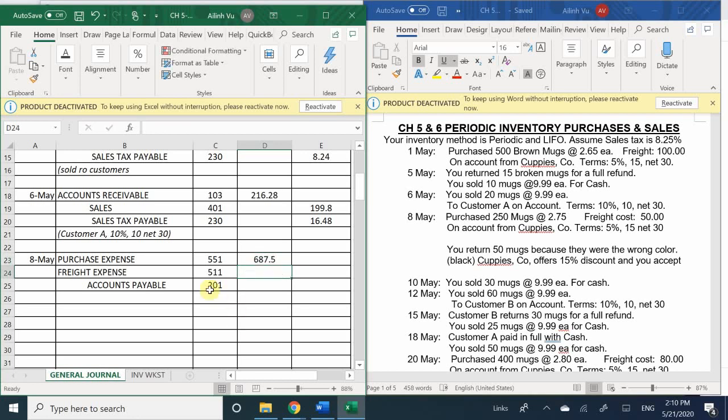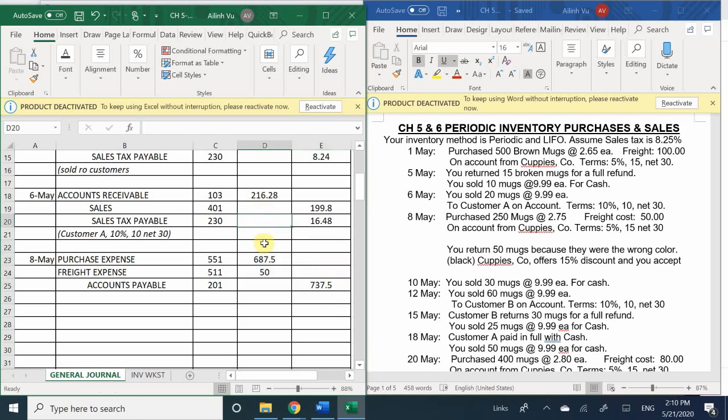And we get $687.50. Exactly. How much was freight? Freight was $50. So our grand total that we owe is how much? $737.50. Good.